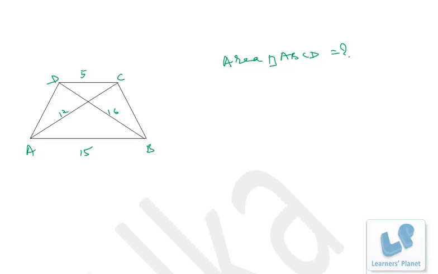Friends, ABCD is a trapezium. The length of the diagonals is given as 12 and 16. The parallel sides are 5 and 15. We have to find out the area of this trapezium.